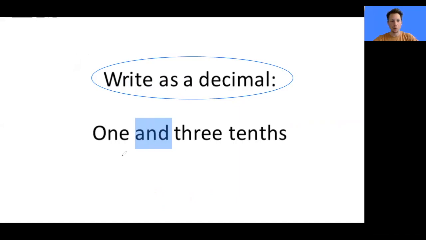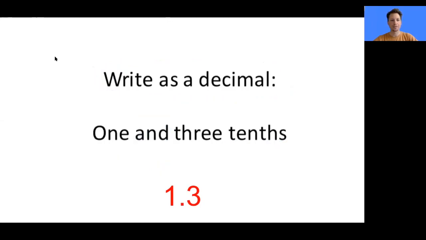So I've got 1 and 3/10. Now remember, if I have tenths, how many numbers am I going to have to the right of the decimal? I like to put the underline, and I just kind of fill in my own underline. All right, so I have 3/10. 1 and 3/10 is 1.3. Again, I have it written down, 1.3. There it is. Let's go on to the next question.